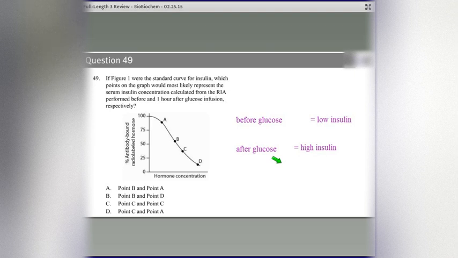Even if you had no idea what was going on in this passage, you can say, you know what? We can remove any answer choices that do not show a high extreme and a low extreme, even if we don't know what the high extreme is or what the low extreme is.